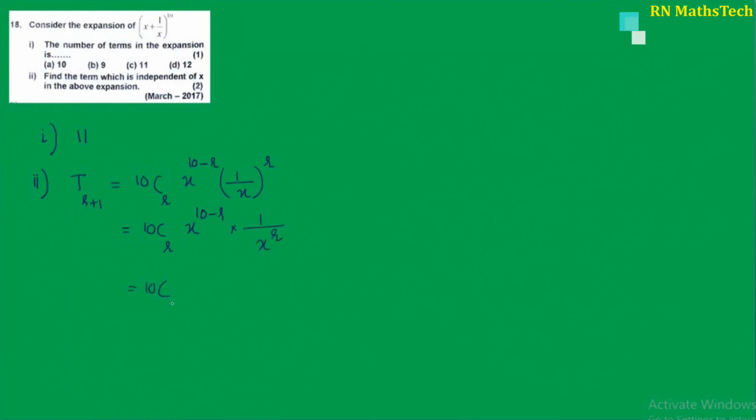That is 10cr x raised to 10 minus 2r. Now to find the term independent of x, 10 minus 2r is equal to 0, r is equal to 5. Therefore term independent of x is equal to 10c5.